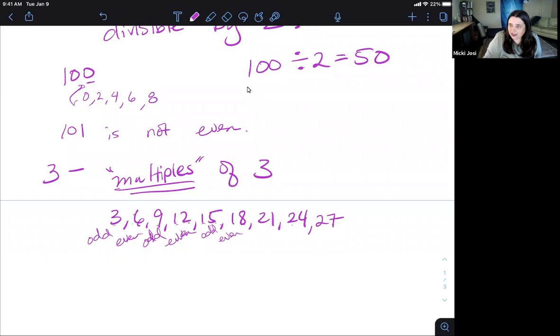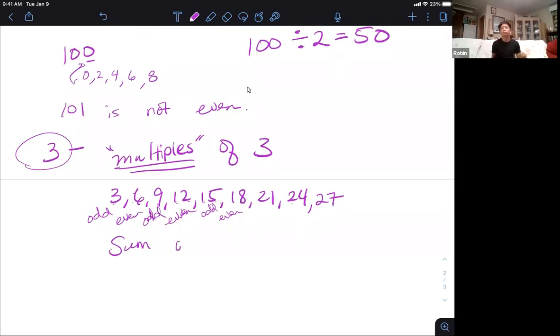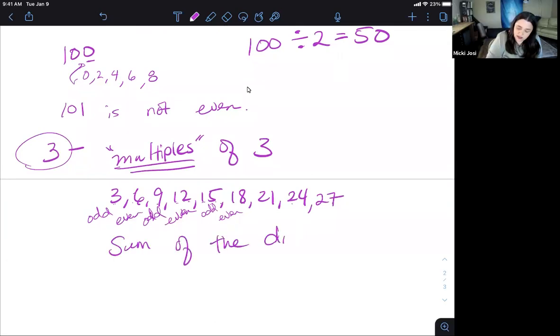Isn't that amazing? So all of the multiples of 3, the sum of the digits adds to 3, 6, 9. They add to multiples of 3.